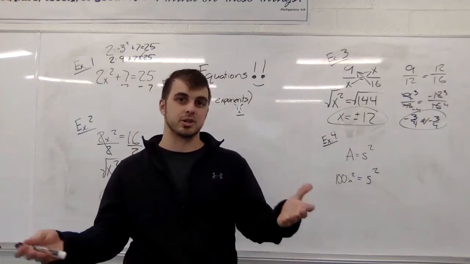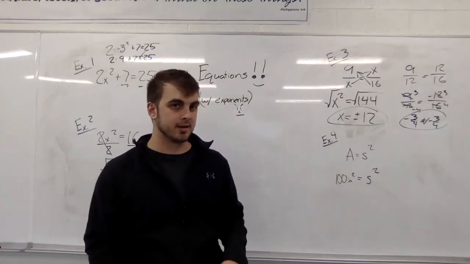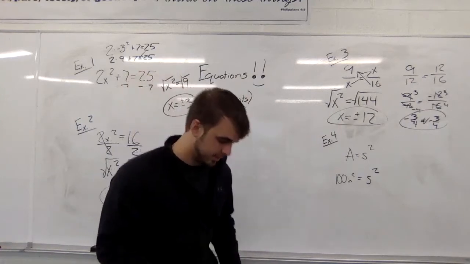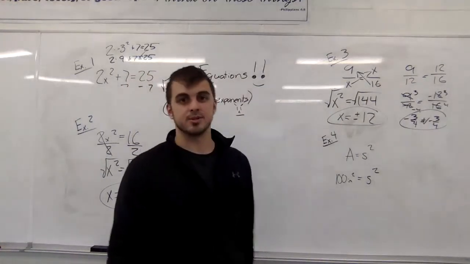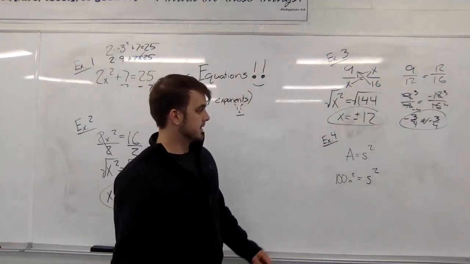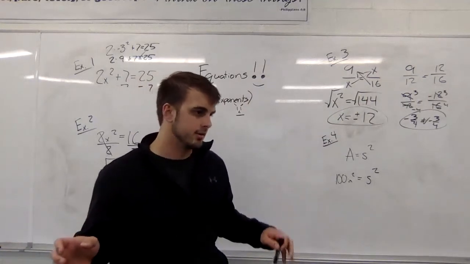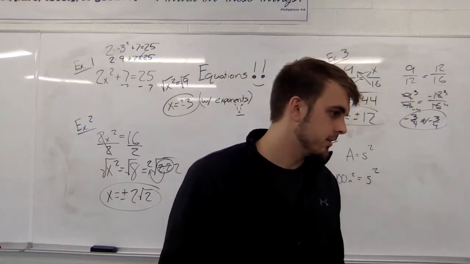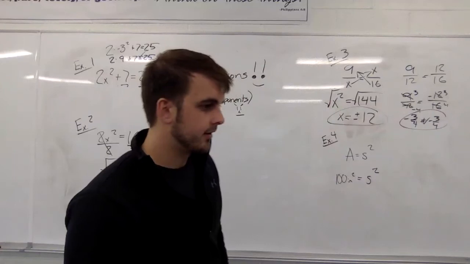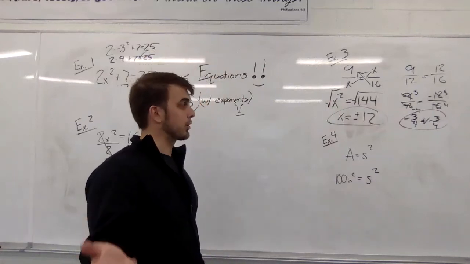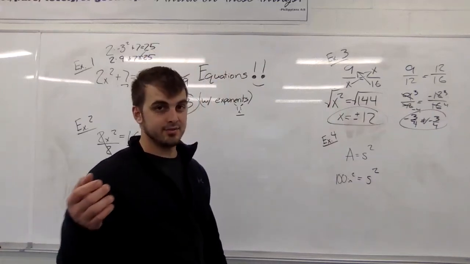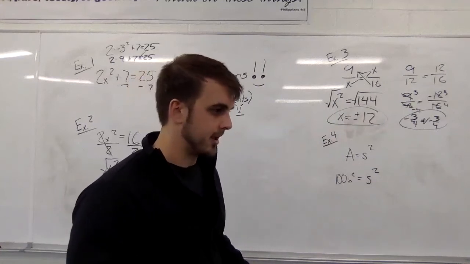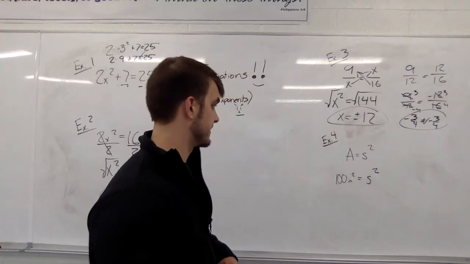So it's 100 inches squared, and that is the total mosaic. This person wants to know how wide their sides should be. It's a square that they're making, but what are the sides?